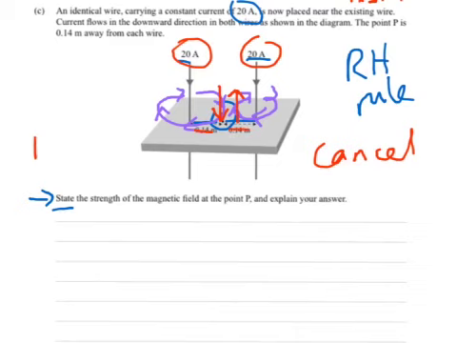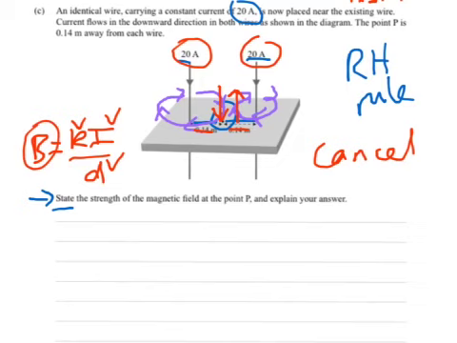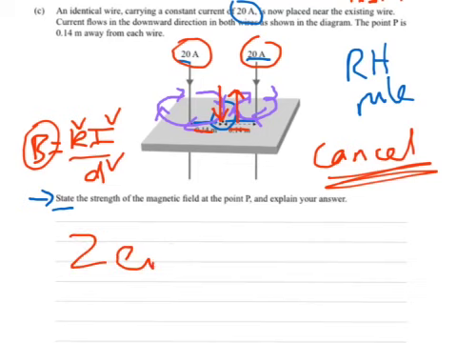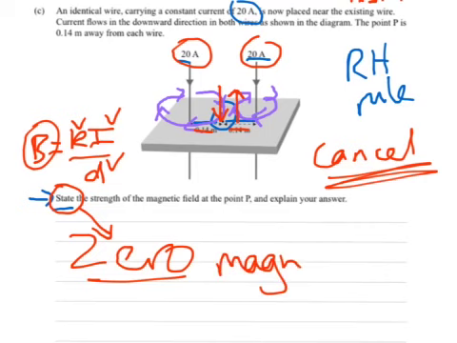So everything in our equation, B equals Ki over D, current's the same, distance is the same, K is the same, it's a constant, so the magnetic field strength is the same. So that means they're equal and opposite, which means they fully cancel out, meaning there is zero. If you're stating the strength, you would be stating zero magnetic field, or the magnetic field strength is 0 teslas.